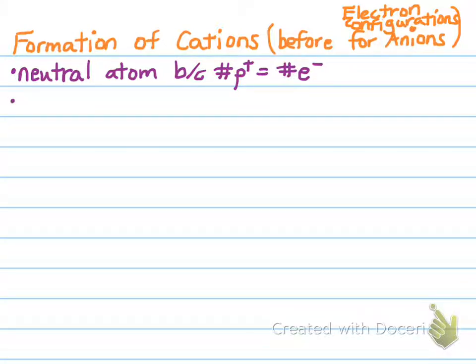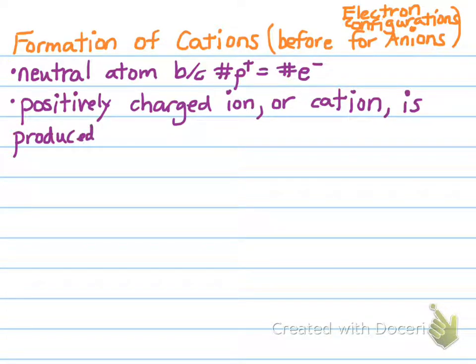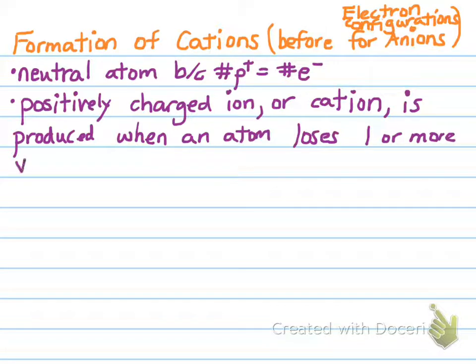So, a positively charged ion, which we call a cation, I'll always call it a cation, is produced when an atom loses one or more valence electrons.